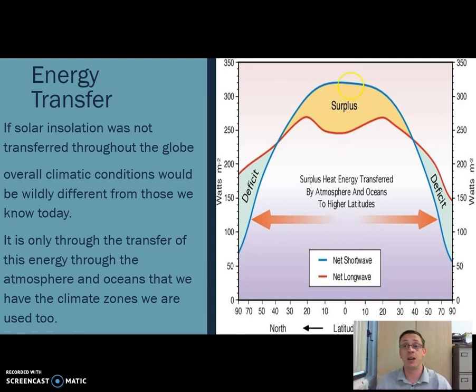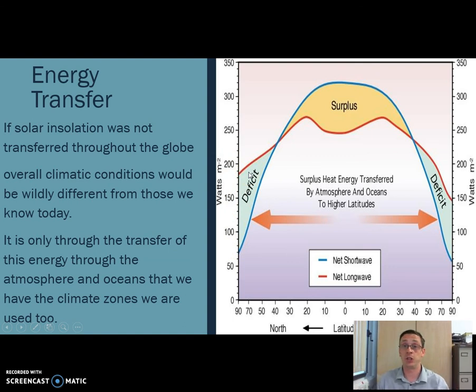And because of that, we've got surplus energy. We have excess. Now, we move either north or south of the equator, and the shortwave radiation that we get plummets. It drops very, very quickly.